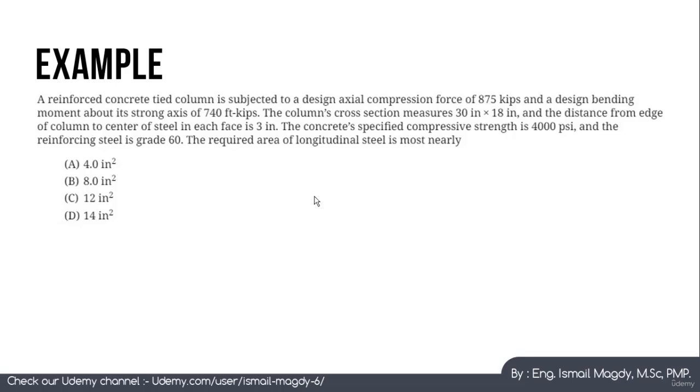So we will start first by calculating gamma of this concrete section so we know which interaction diagram we will refer to. Gamma equals h minus 2d over h. All of these equations, of course, are mentioned in the reference book. I'm going to show you in the end the chapter for the structural engineering in the reference book, so you know what is exactly included in it. h here equals 30 minus 2 multiplied by 3, which is 6, over 30 equals 0.8.